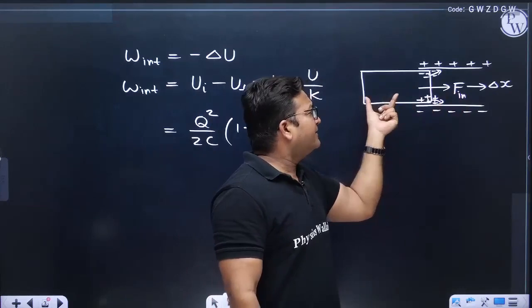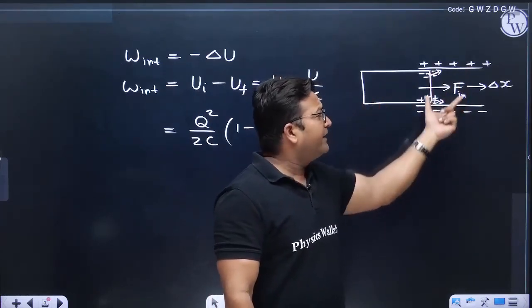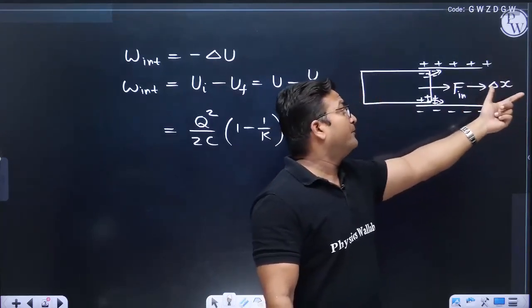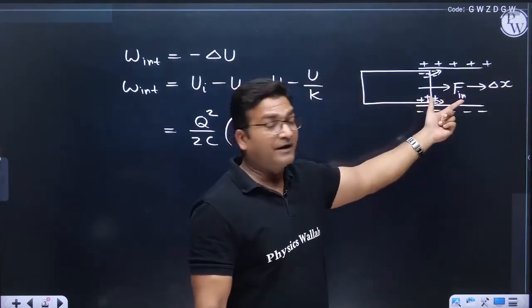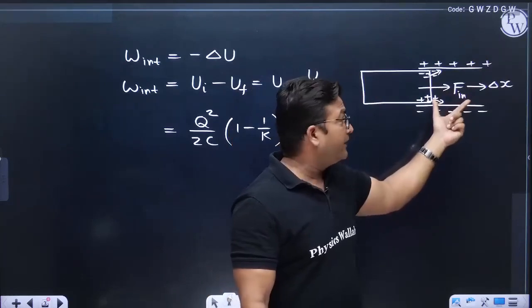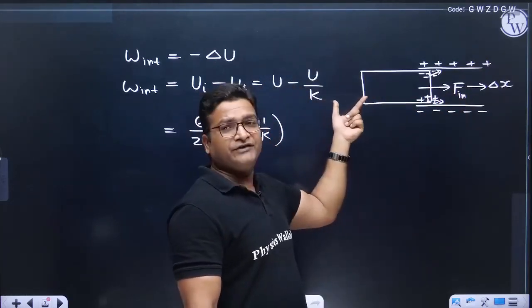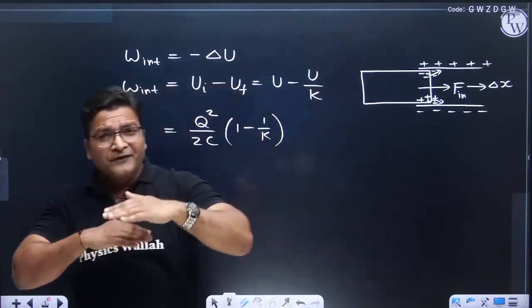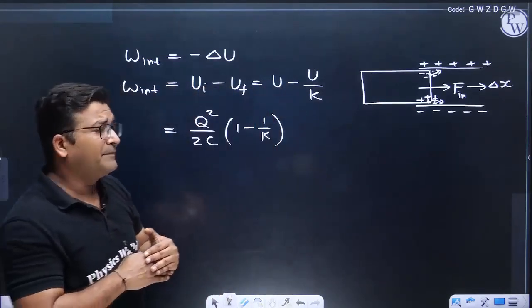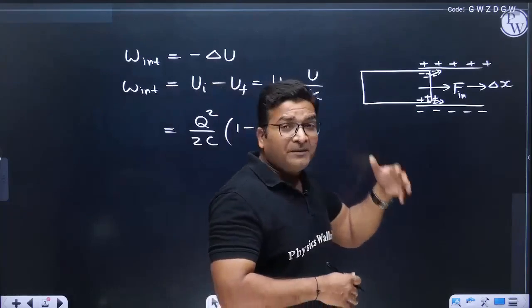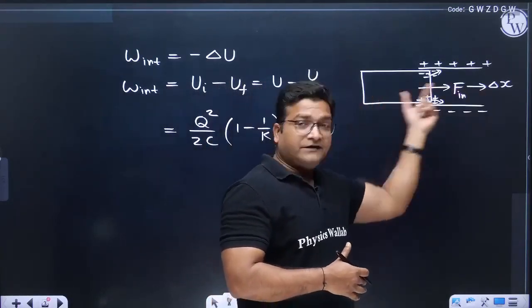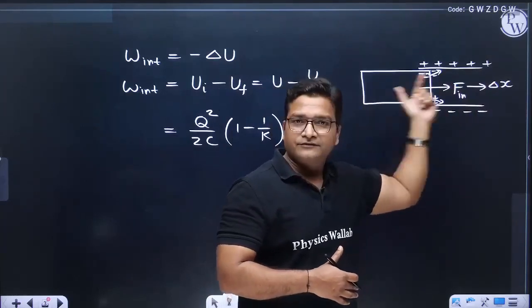If we let this slab go like this, it will gain some kinetic energy, it will overshoot outside, then it will be pulled again back inside the capacitor, it will again gain some kinetic energy, it will overshoot on the left side, and ignoring air resistance and the friction between plates and slab, experimentally we found that the slab oscillates like this.